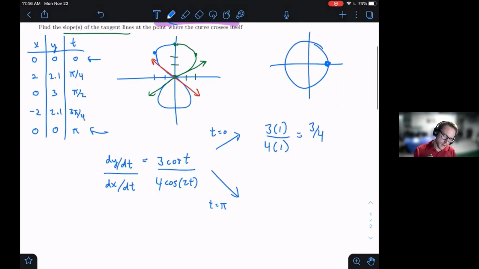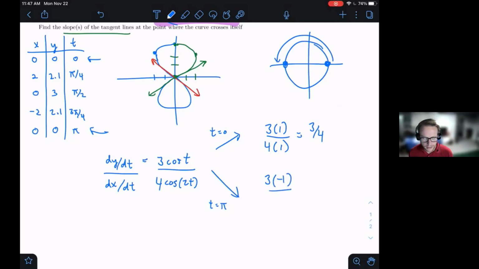Now, on the other hand, when we plug in pi, we're going to have 3 times cosine of pi. Cosine of pi, right? If I go pi radians, that's going to be over here. The cosine value, aka the horizontal value, how much we moved left and right, is now to the left by 1, right? And so -1.